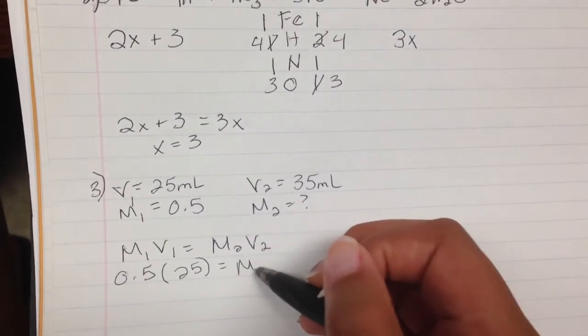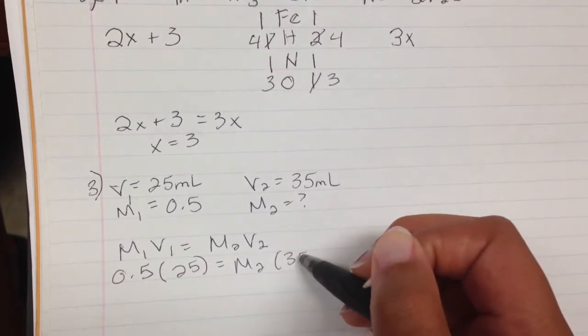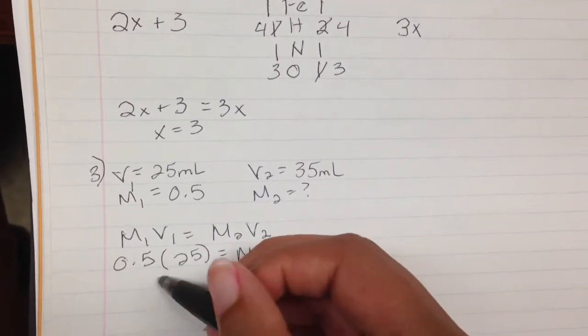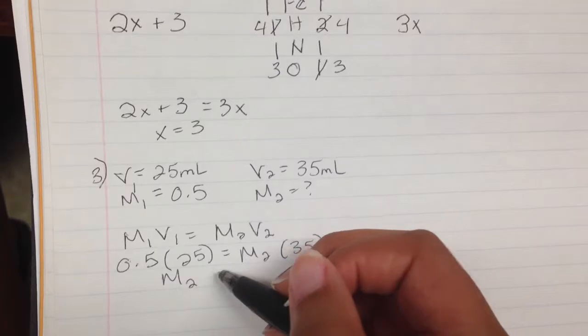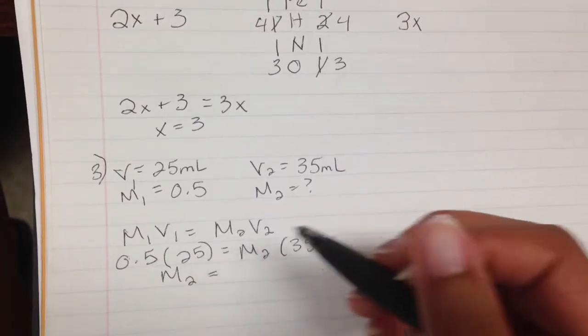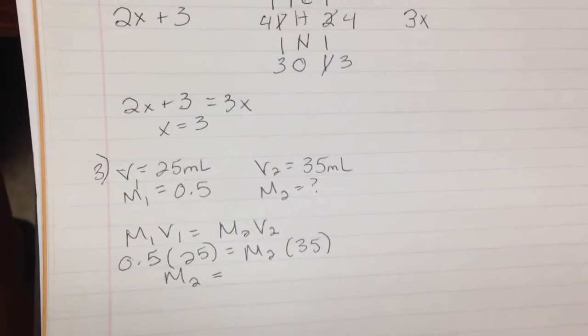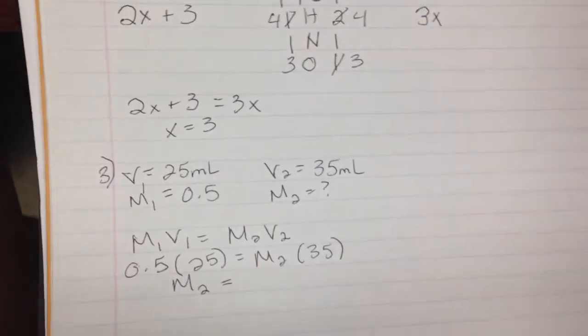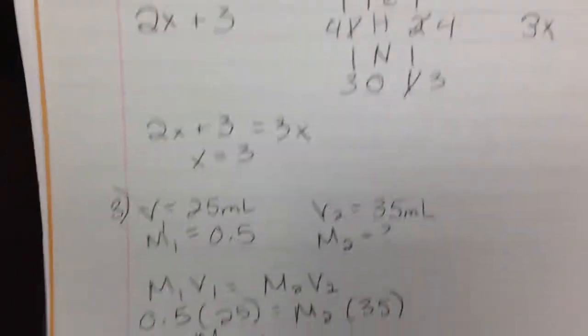So we have M2, 35. And then you can solve for M2, and that will give you, one second, get the calculator.